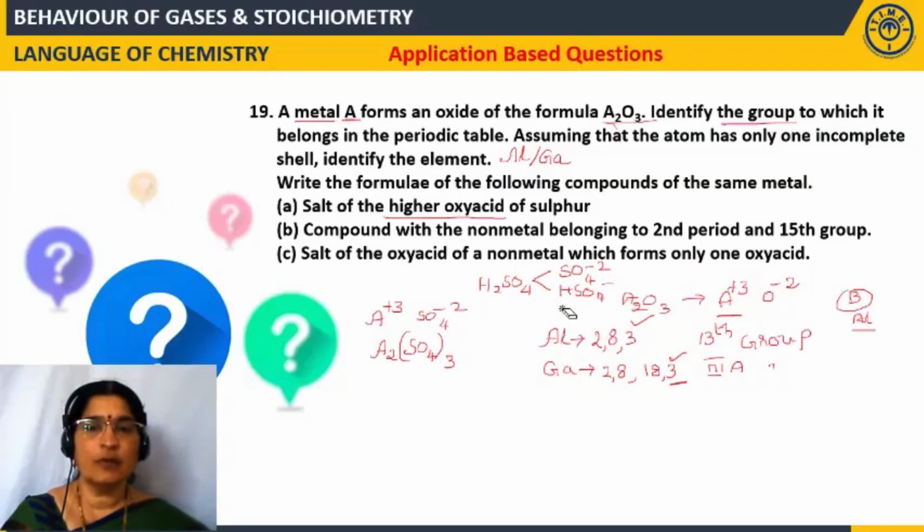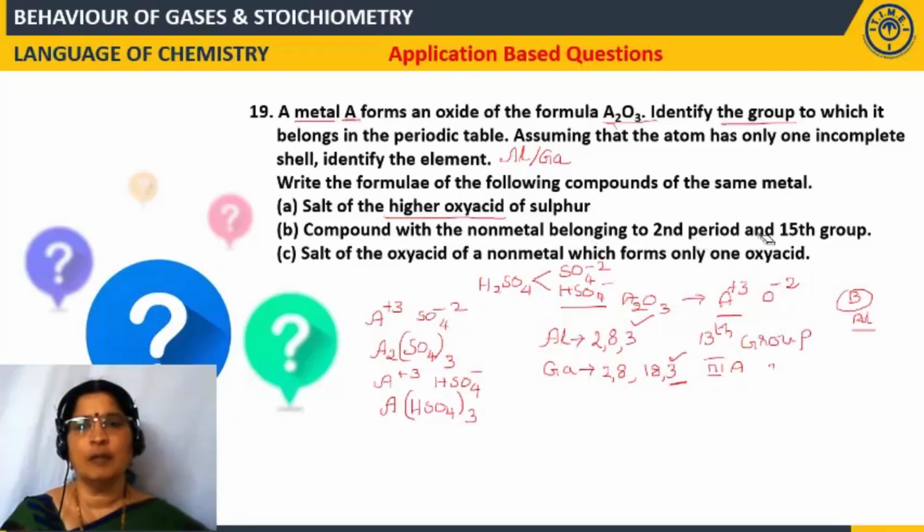With HSO4 minus also it can form A plus 3 and HSO4 minus, so you get A(HSO4)3.